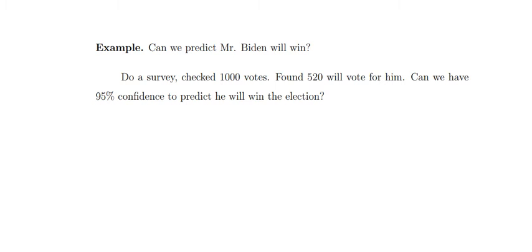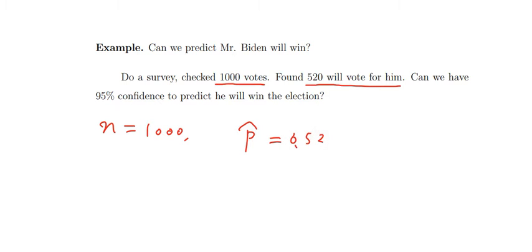So we do a survey and ask many people, n equals 1,000. From these 1,000, we find 550 will vote for him. So p hat equals 55%, then q hat is 45%.